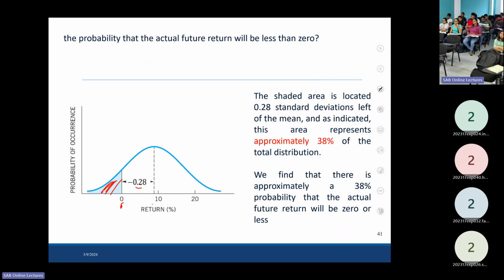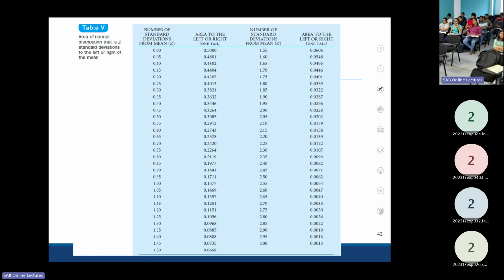So you can identify this probability by looking at the Z table. In statistics you have learned the Z table. So you go to the Z table and look at this Z value. Our number is approximately minus 0.28. Approximately, you can take the probability as 38. I think it is 38.